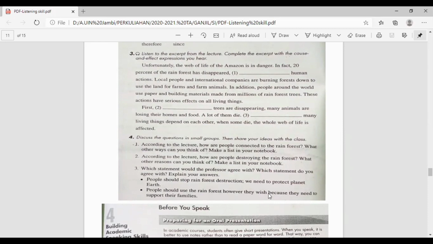These actions have serious effects on all living things. First, because trees are disappearing, many animals are losing their homes and food. A lot of them die. Since many living things depend on each other, when some die, the whole web of life is affected.